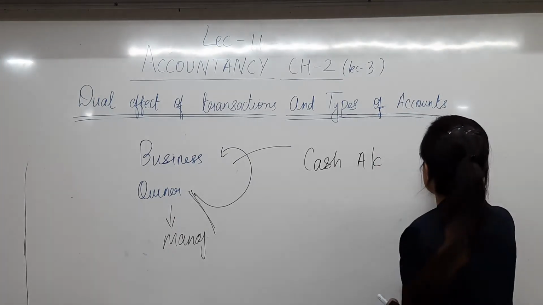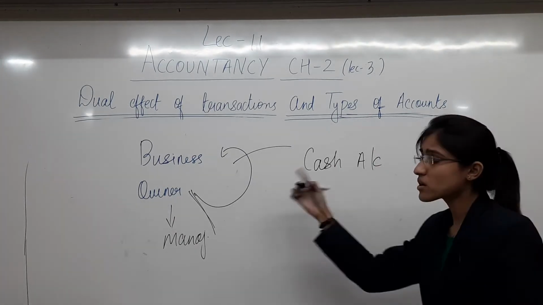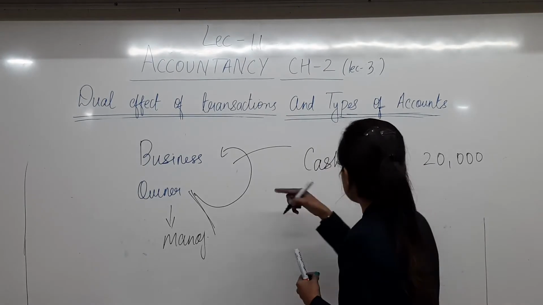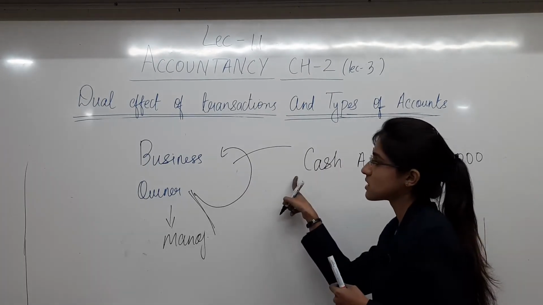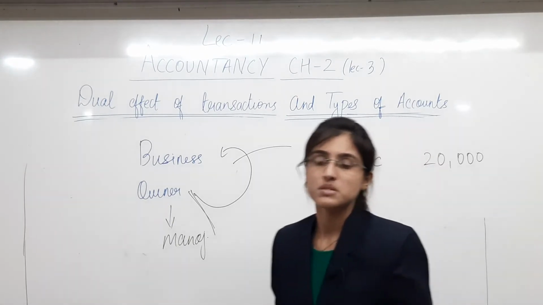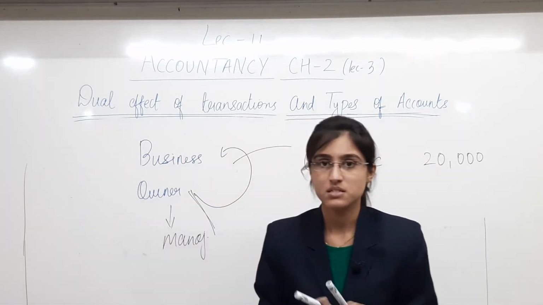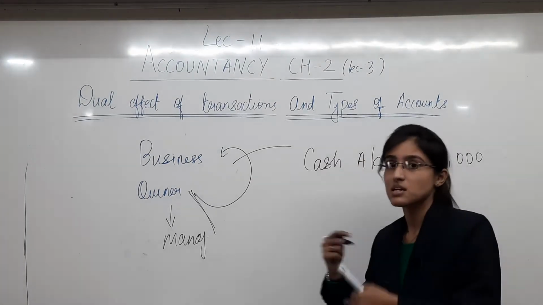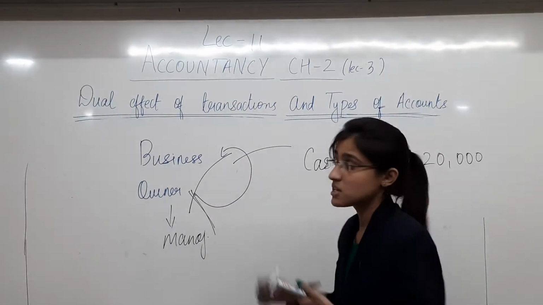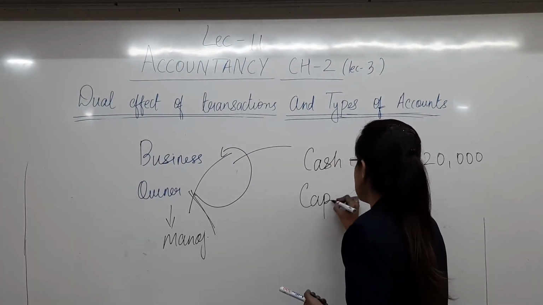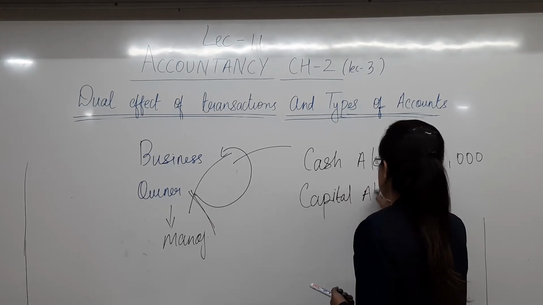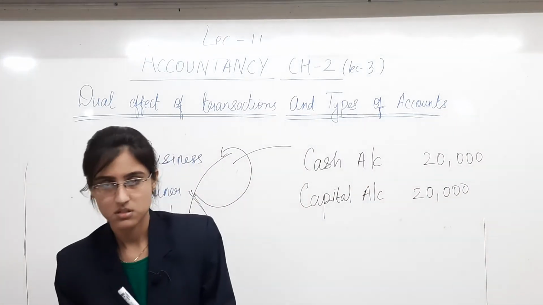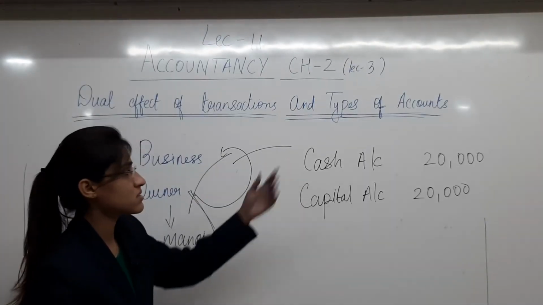How much? 20,000. And who brought this cash? Owner. Who's the owner? Manoj. Manoj brought rupees 20,000 in the business for starting the business, for commencing business. So anything that is brought by the owner, that is invested by the owner in business, is what? It is capital. How much capital did the owner invest? 20,000. Simple. So these are the two effects.